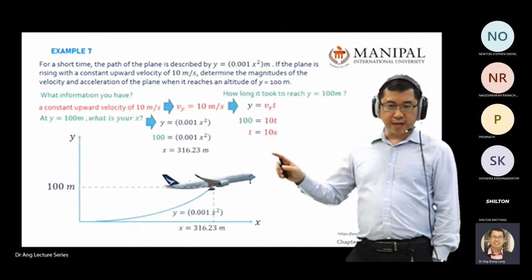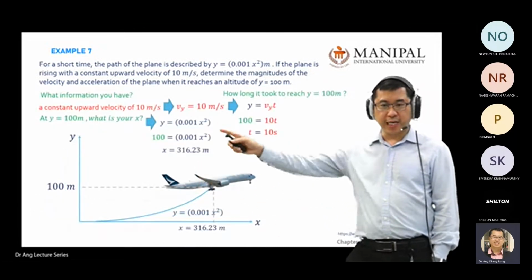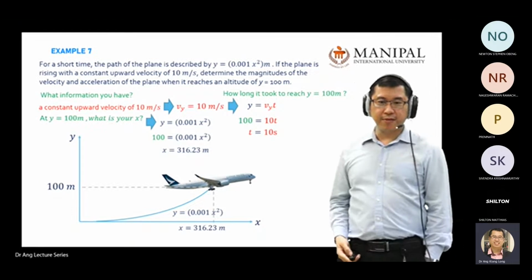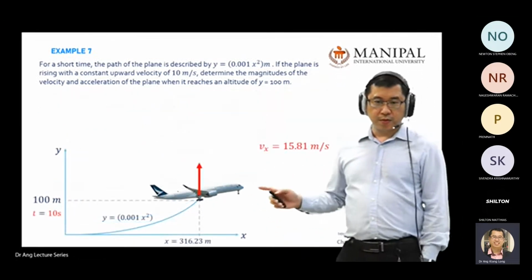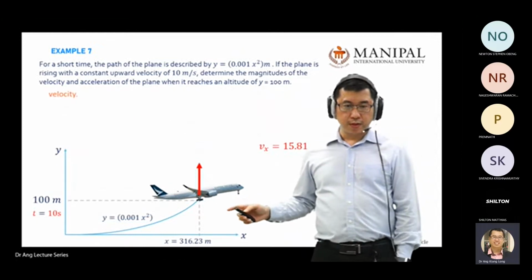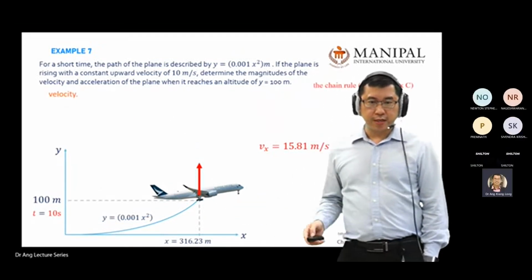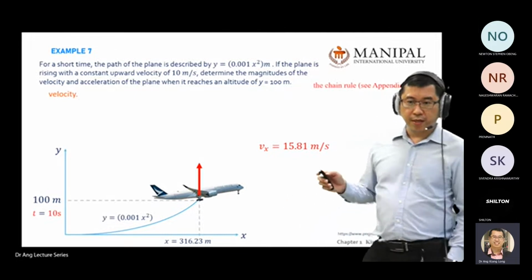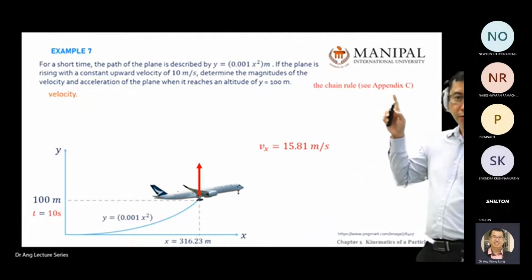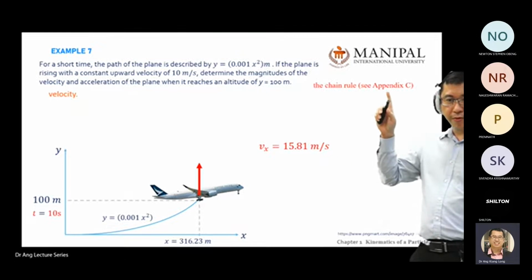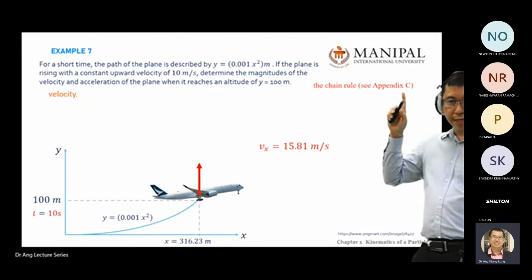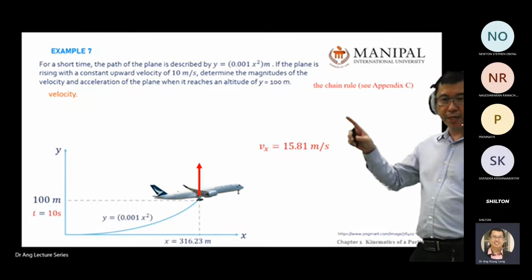Once you have the 10 seconds, I expand all the information and clear out my space here. So velocity, I use the chain rule. Appendix C, later I'll check, I'm not sure whether I already uploaded it, but there's a document called Appendix C about chain rules.